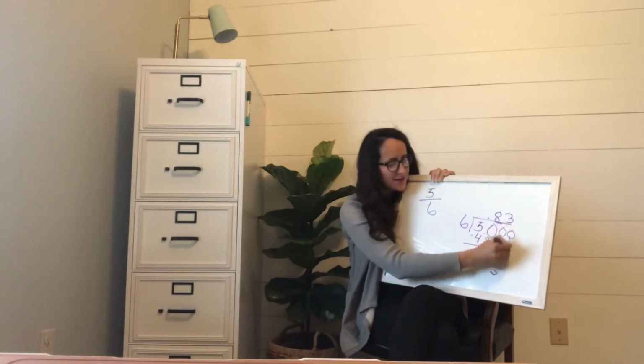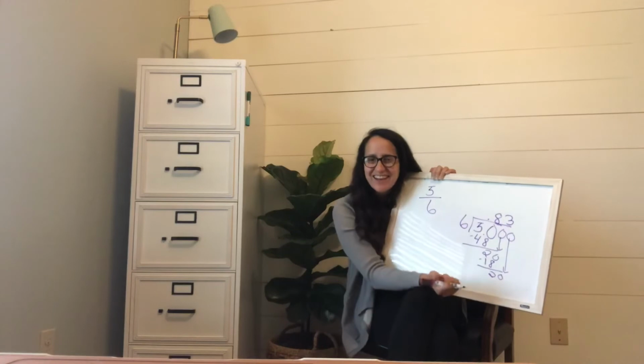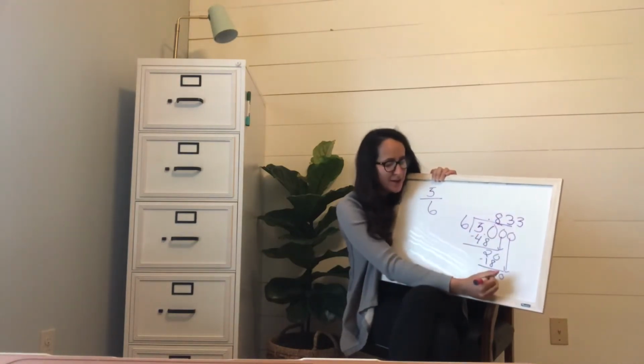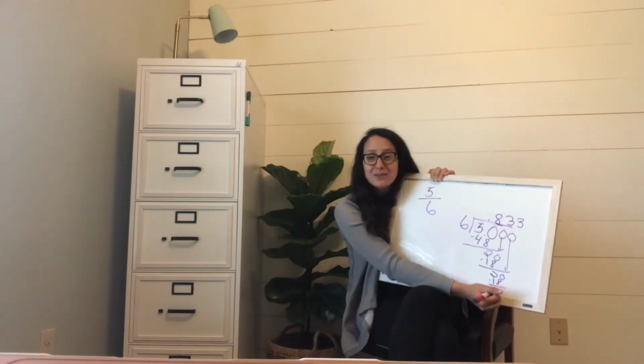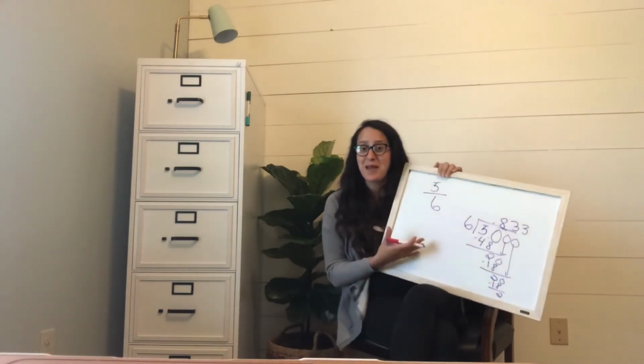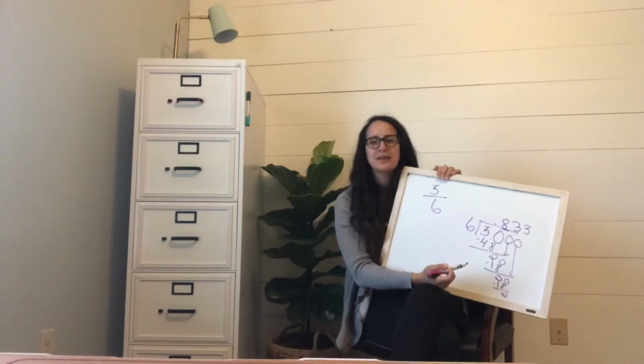And next, another 0. Bring it down. 6 will go into 20. How many times? 3. That's right. We just said 3. 3 times 6 is 18. We subtract 20 minus 18 and get 2. Anyone see a pattern here? Yeah, absolutely. So the 3 is going to continue to repeat.